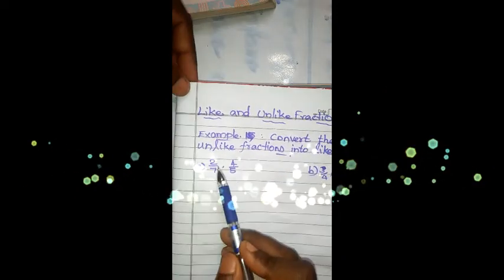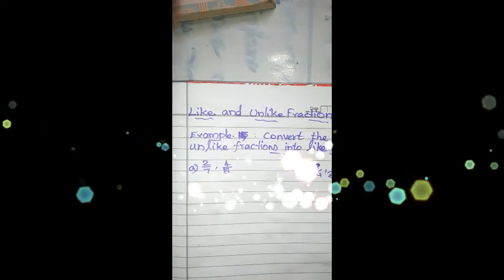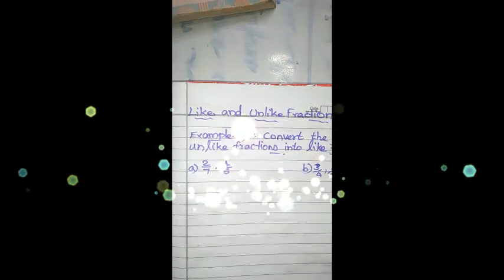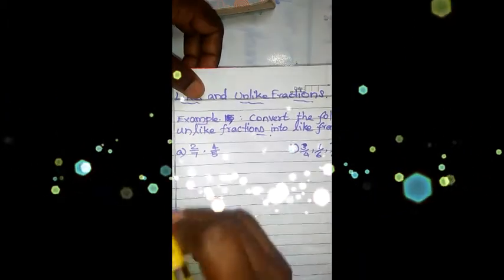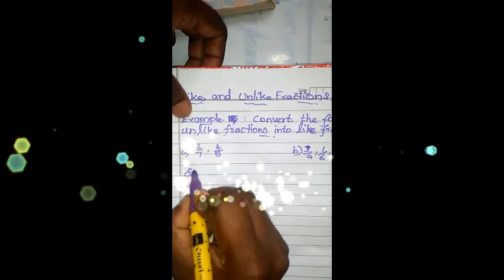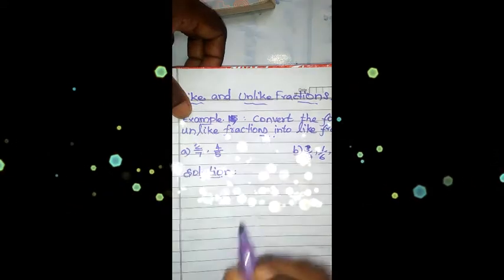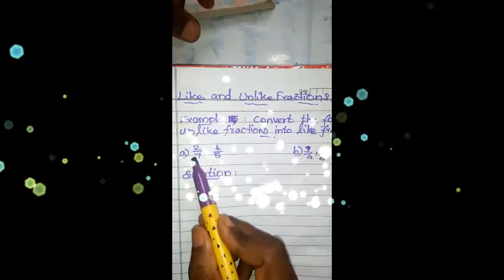It's given 2 by 7, 4 by 5. Is it possible? So how will you convert? Just tell me the way. If you know any method, how will you convert this?